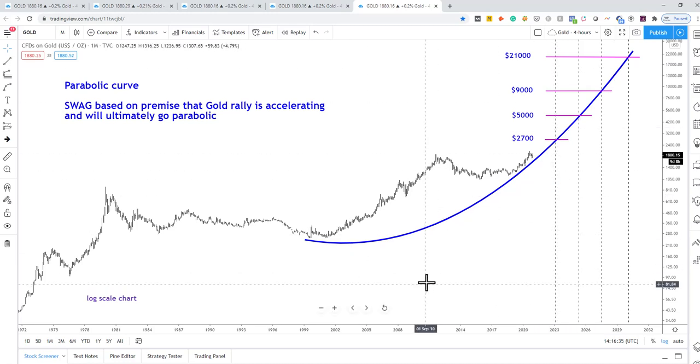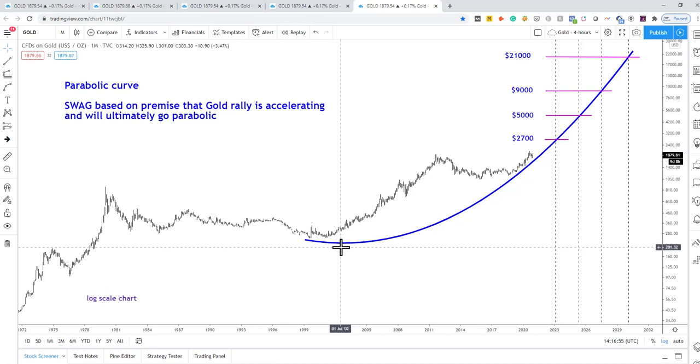And so, on this chart in particular, I want to point out, swag. If you don't know what that stands for, that's a scientific wild-assed guess. And so I'm just playing here. I threw a curve tool on the chart and just kind of moved it around to make it sort of fit. And then did the same trick.